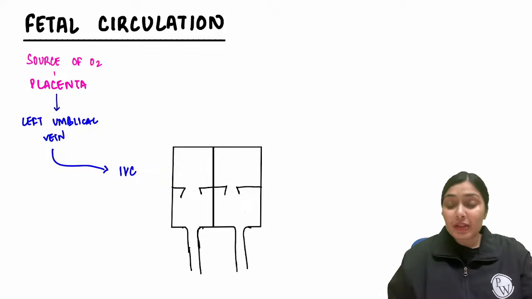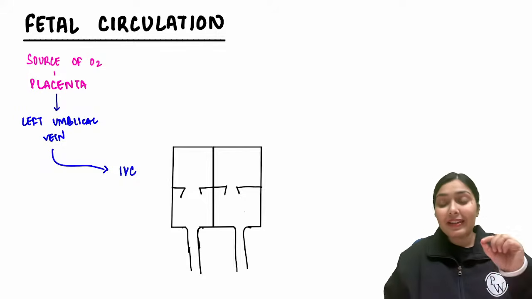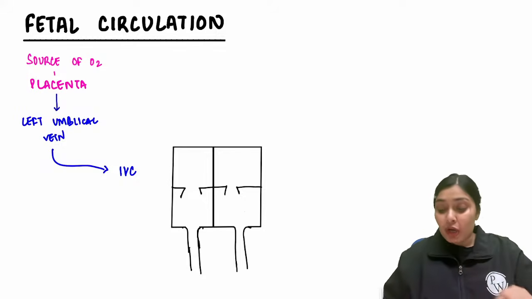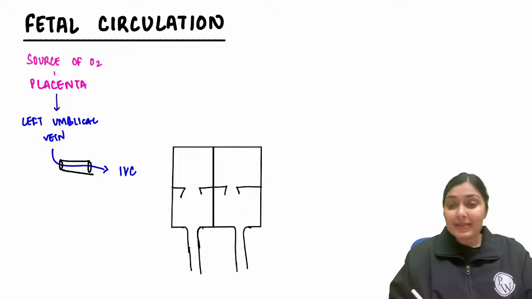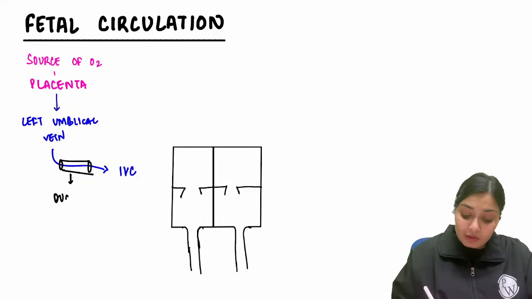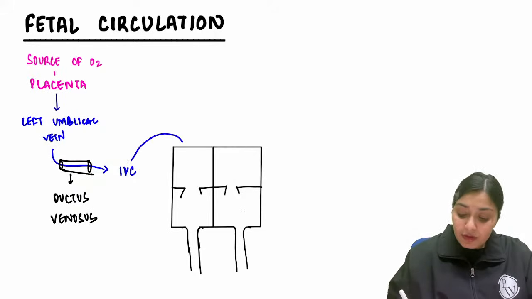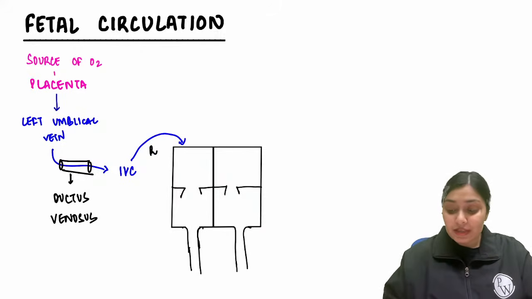So blood from the left umbilical vein goes to another vein, the inferior vena cava, through a duct. The duct joining the two veins, the left umbilical vein and the inferior vena cava, is known as the ductus venosus. And we all know this inferior vena cava drains into the right side of the heart. So the right side of the heart is getting the oxygenated blood.